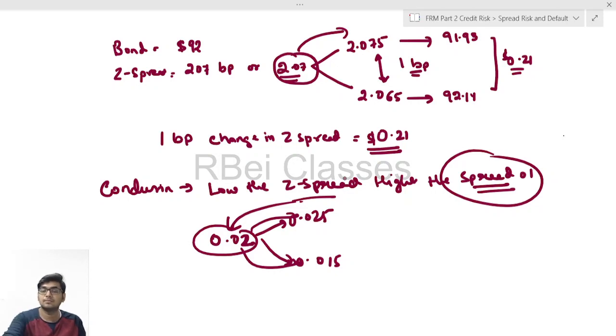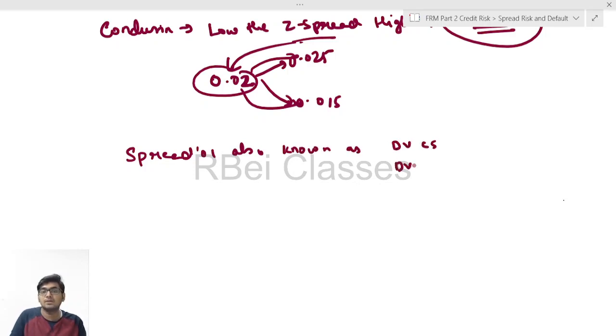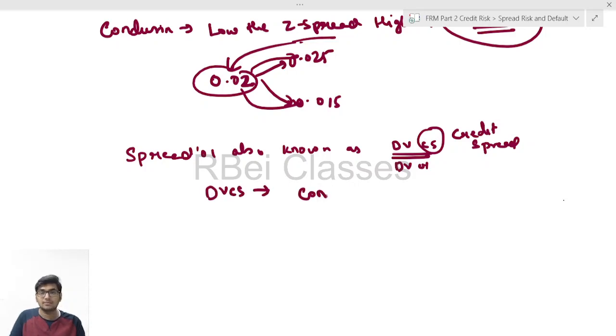Now spread 01 is also known as DVCS. Earlier you remembered DV01, this one is DVCS. CS stands for credit spread, and DVCS exhibits convexity.